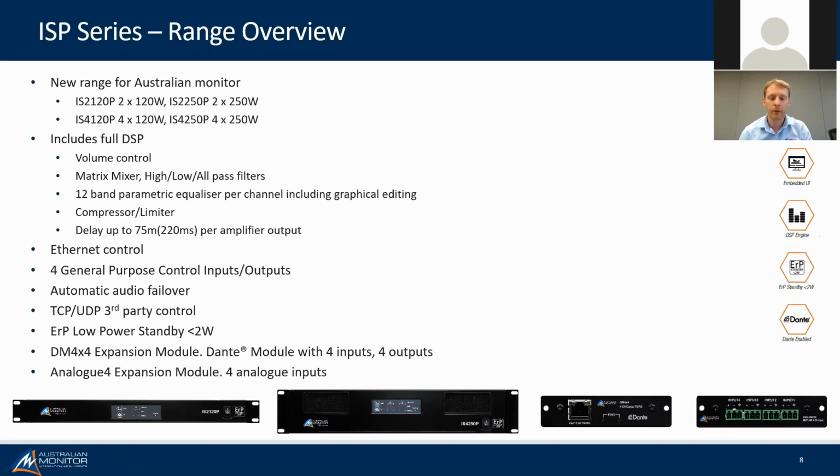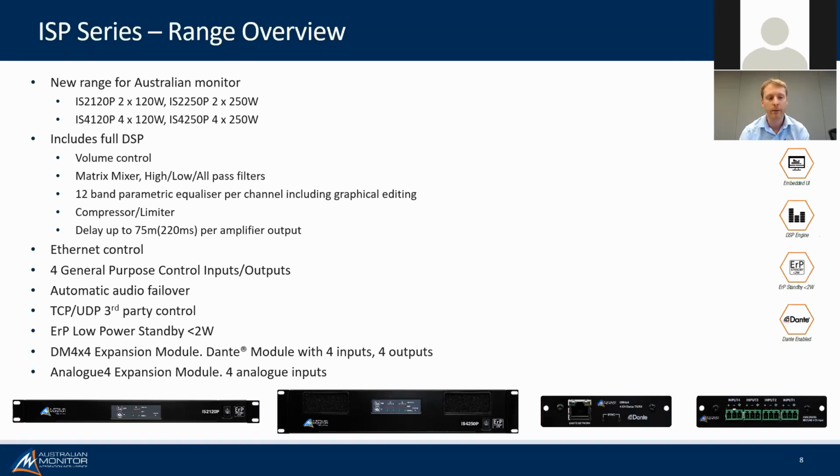So you can have different levels of input from the Dante, if you have that installed, or from the analog inputs, and you can mix those all together to an output. That is why we're calling it a matrix mixer in the product, as opposed to a selector or a crosspoint switch. You can mix the audio channels together if you wish.